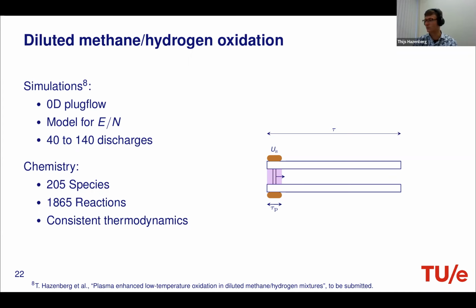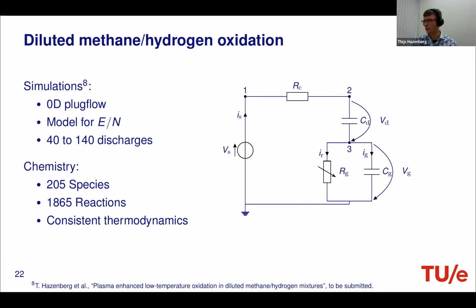The chemistry that I use for this is a 250 species chemistry with 1800 reactions. Timescales will be going down to picoseconds all the way up to seconds for the end of the reactor. And the modeling of the thermodynamics is, of course, done with my consistent thermodynamics model.